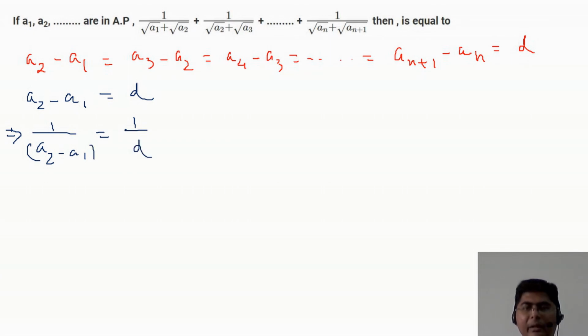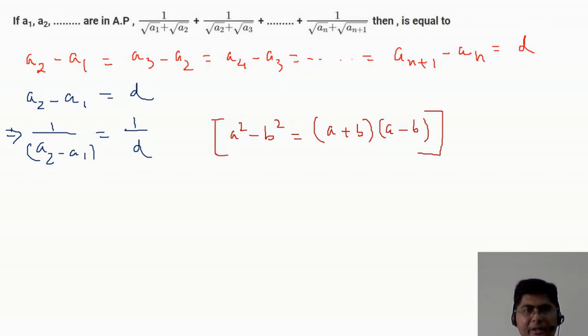Now here is the formula we all know: a squared minus b squared is equal to how much? (a plus b) into (a minus b). So can I say a2 means root a2 whole squared minus a1 means root a1 whole squared equals 1 by d?